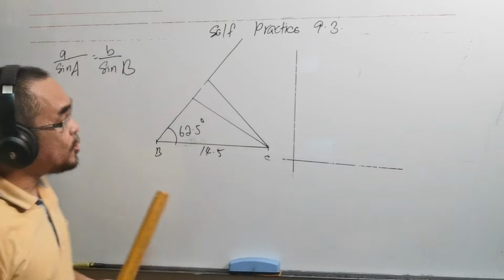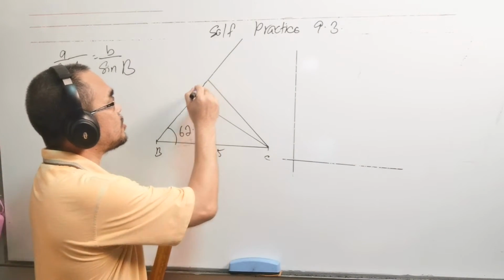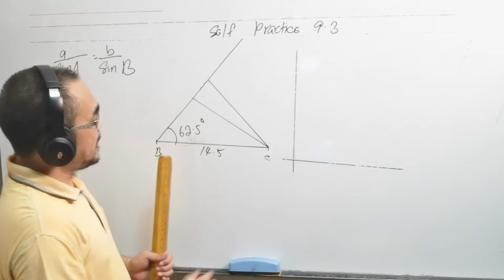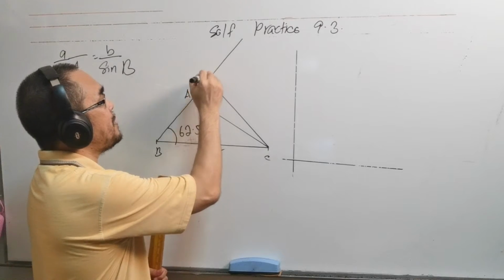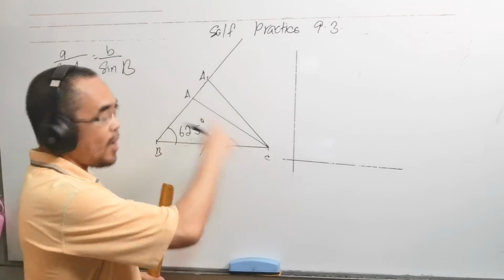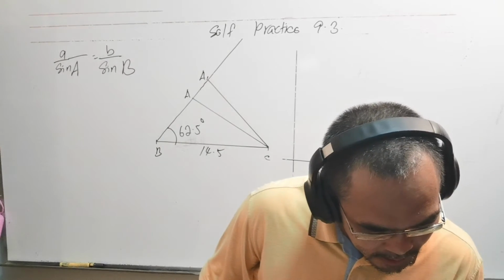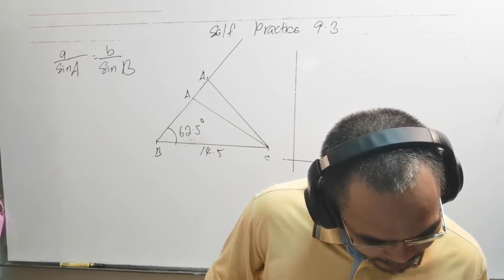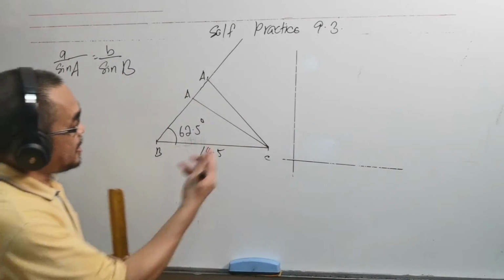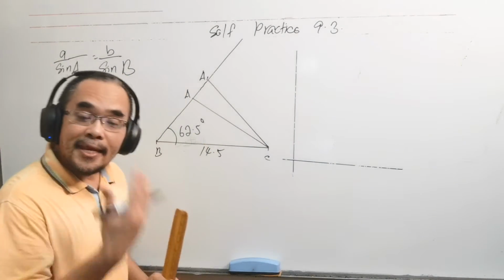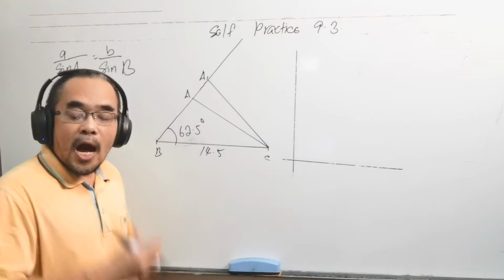So this is what we call ambiguous. Why is it called ambiguous? Because that A could be here or could be there, as long as the length is 10 centimeter. Both of the lengths are 10 centimeter.